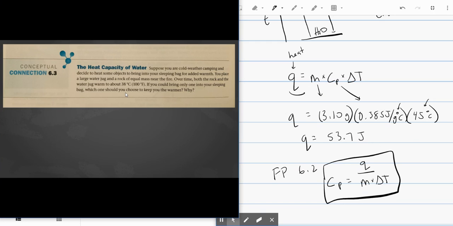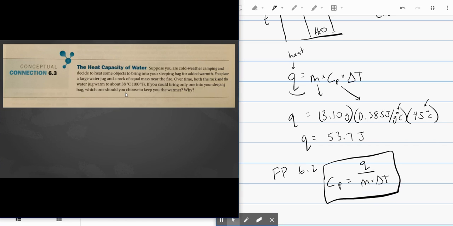You decide to heat some objects to bring into your sleeping bag for added warmth. You place a large water jug and a rock of equal mass, so they're the same size, same mass, near the fire. Over time, both the rock and the water jug warm to about 38 degrees Celsius, which is about 100 degrees Fahrenheit. If you could bring only one of them into your sleeping bag, which one would you choose to keep you warmer?